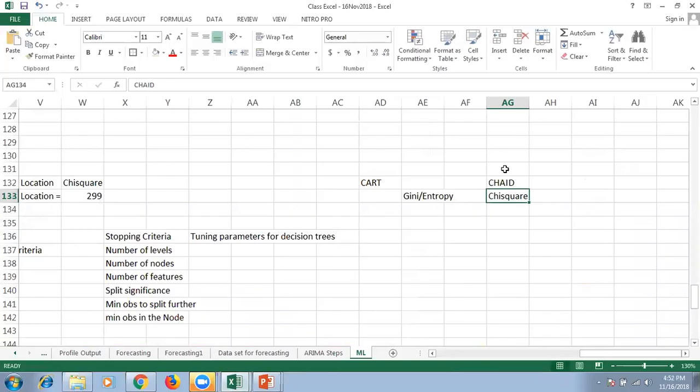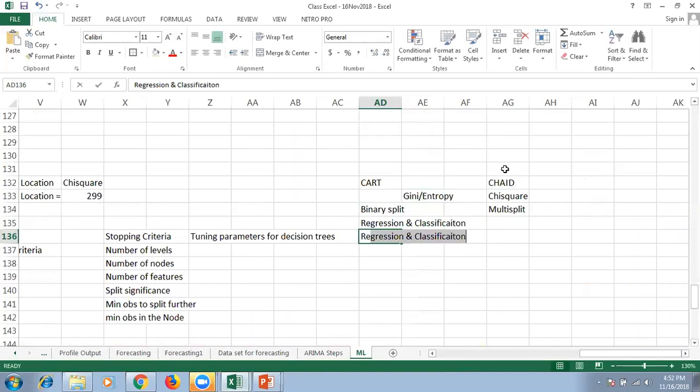So algorithms differ based on the splitting criteria, which is one of the key things. CART always does a binary split, and CHAID can do a multi-split. CART can be used for regression as well as classification. For classification you use Gini or entropy as the splitting criteria.